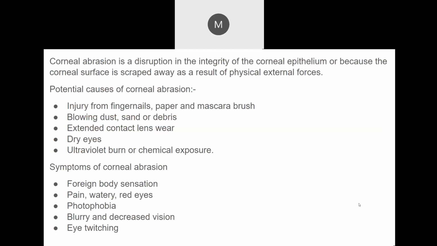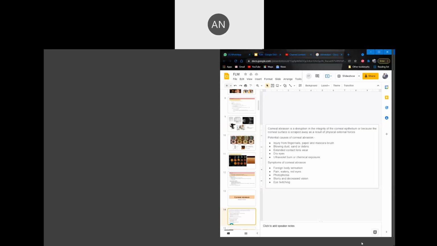Corneal abrasion is a disruption in the integrity of the corneal epithelium, because the corneal surface is scraped away as a result of physical external forces. As we know, the cornea has several layers, and the epithelium is affected in corneal abrasion. The potential causes are injury from fingernails, paper, and mascara brush.